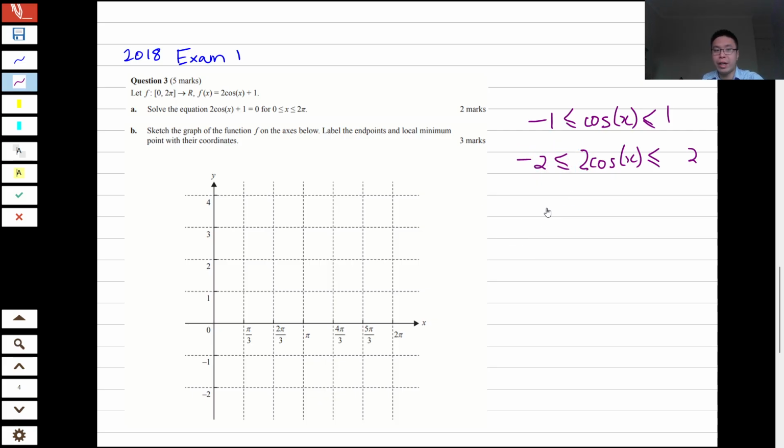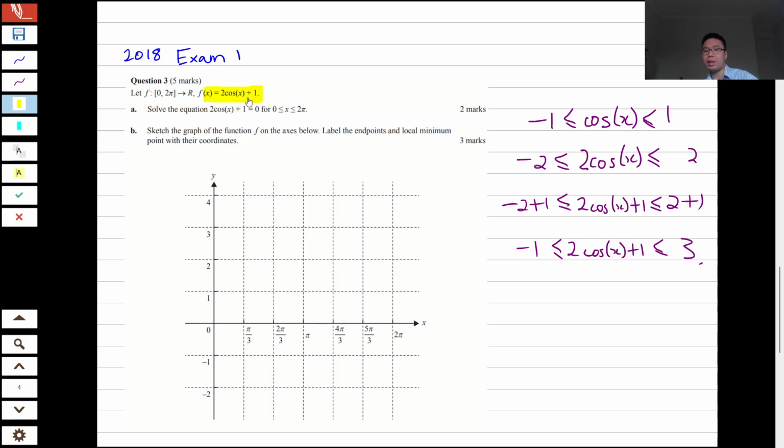And finally, if I add 1 to everything, we see that 2 cosine of x plus 1 is bounded between negative 1 and 3. And the mean value is actually going to be at y equals 1. So we are asked to sketch one cycle of 2 cosine of x plus 1.